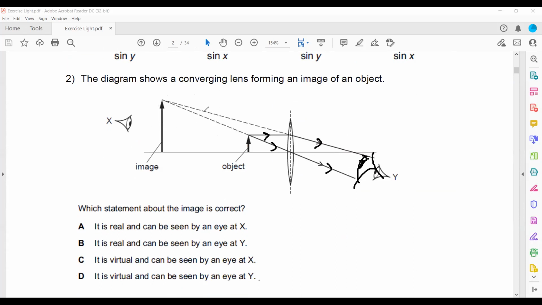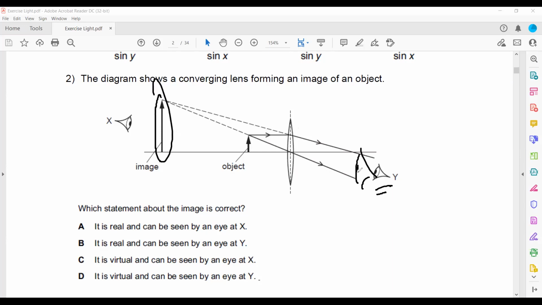And a virtual image cannot be seen or taken on a screen. So which eye can see this? The eye Y, because this is imagination. In reality nothing is there. This eye Y imagines that the light is coming straight, and this imagination is producing the image.